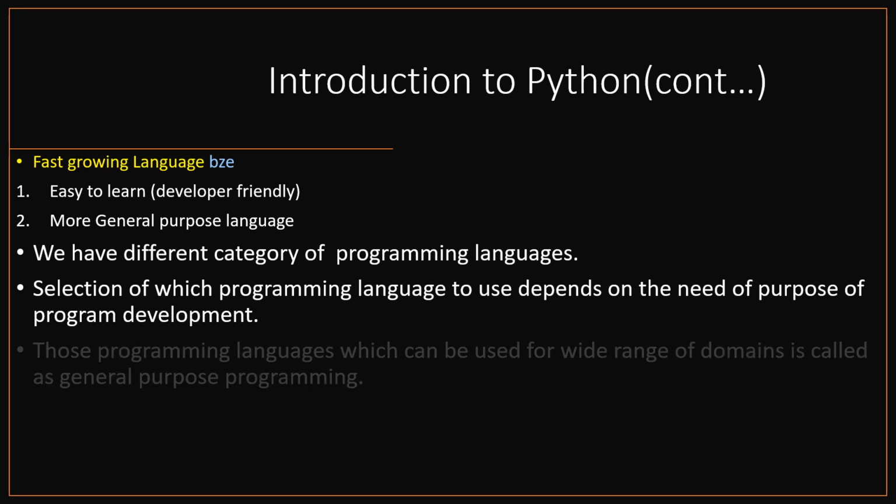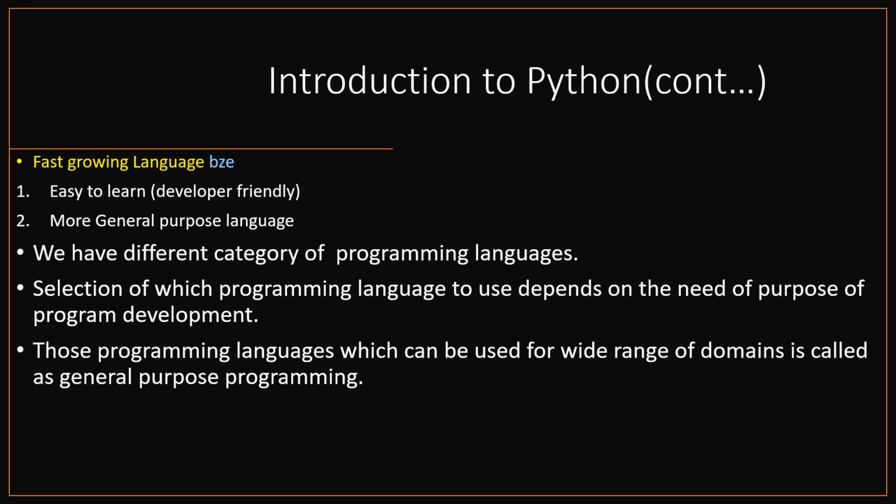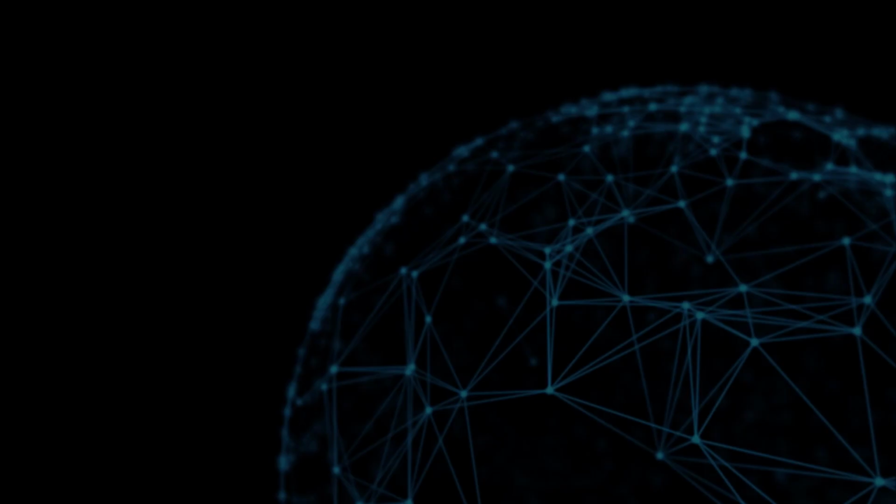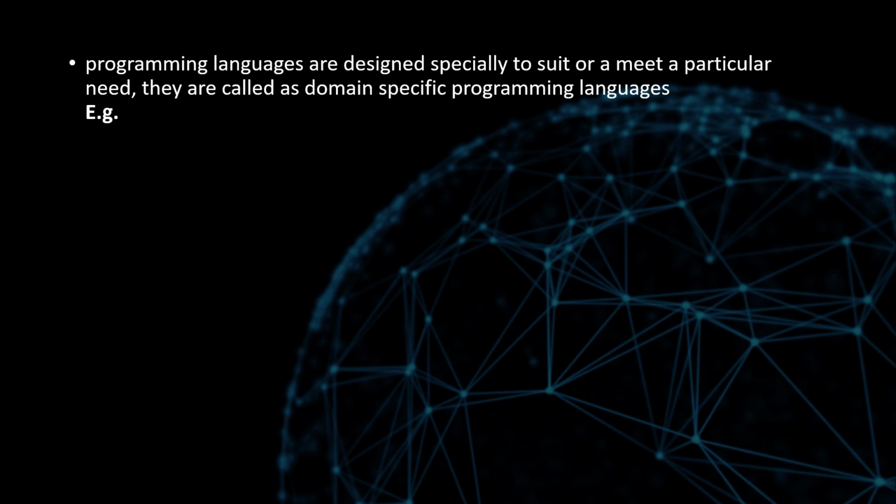So now I'll explain what general purpose programming language means. Those programming languages which are used for many domains, for many purposes, are called general purpose programming languages. Those programming languages which are designed for only a specific domain, only one purpose, are called domain specific programming languages.